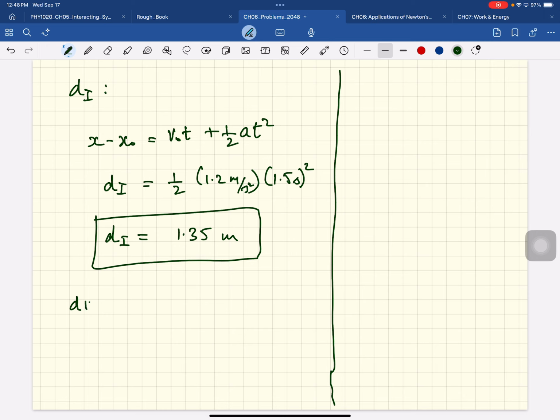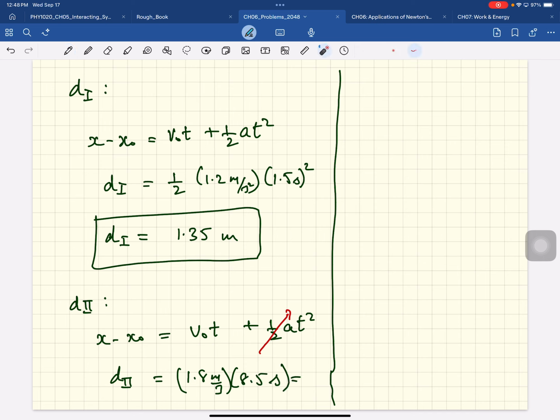And then we'll do D2. That's again x minus x naught equal to v naught t plus 1/2 at squared. The acceleration was 0 for that leg of the journey. What was the initial velocity? Yeah, there you go. So D2 equal to 1.8 meters per second times 8.5 seconds.